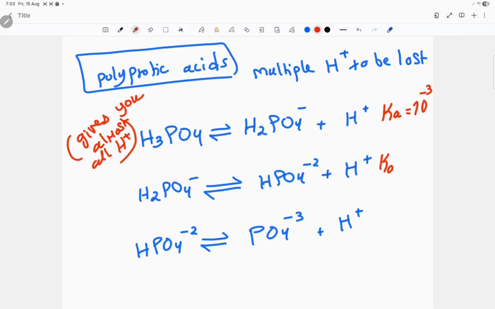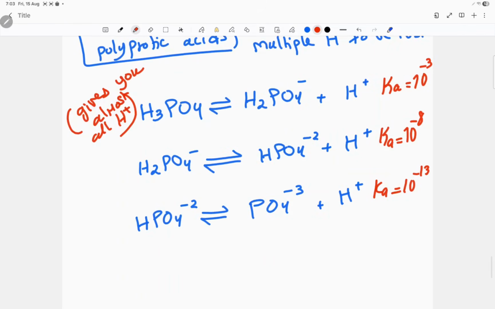Then it becomes a weaker step, and an even weaker step. As it becomes harder and harder to lose the H plus, the Ka becomes smaller. So the Ka will always be the highest for the first step.